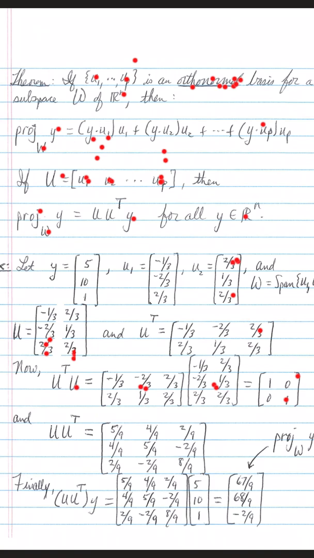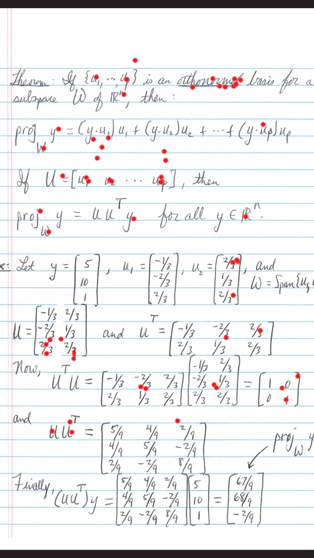Now, we know that matrix multiplication doesn't always lead to the same answer if you switch the order. So we don't expect this to come out to the same answer. In fact, it's way off. If you were to multiply it in reverse order, where you take matrix U times the transpose, you get a 3 by 3 matrix due to dimensions.